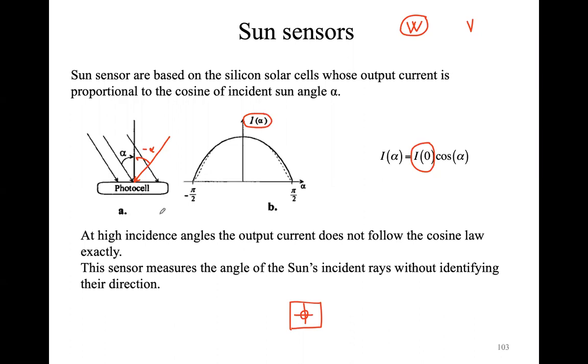So you get the flux from the sun and you convert this flux into a current intensity. This current, of course, depends on the incident angle with respect to the normal of the photocell. The main problem is that if you have only one photocell, you will have a strong ambiguity because minus alpha and alpha will give you exactly the same signal.